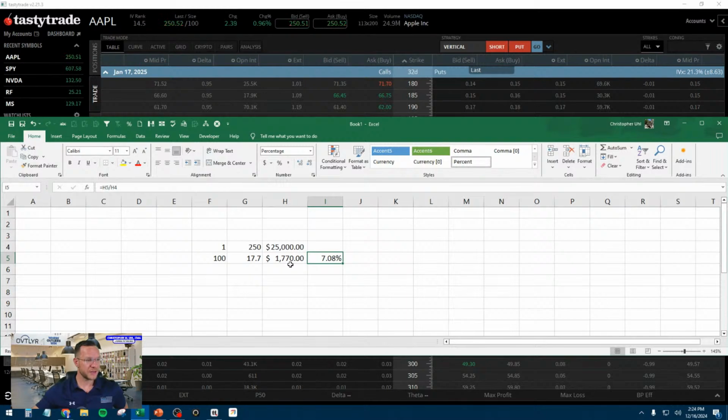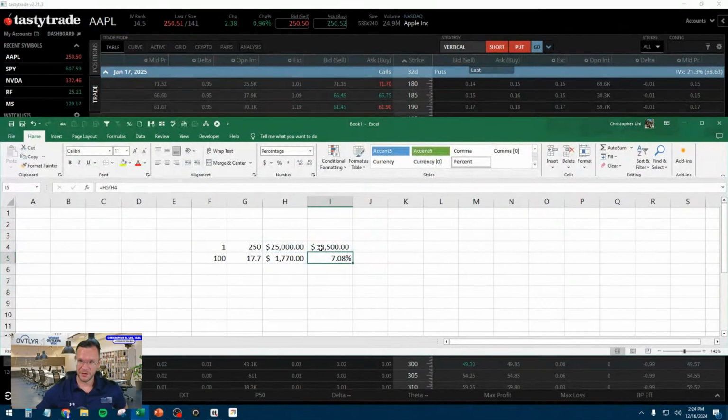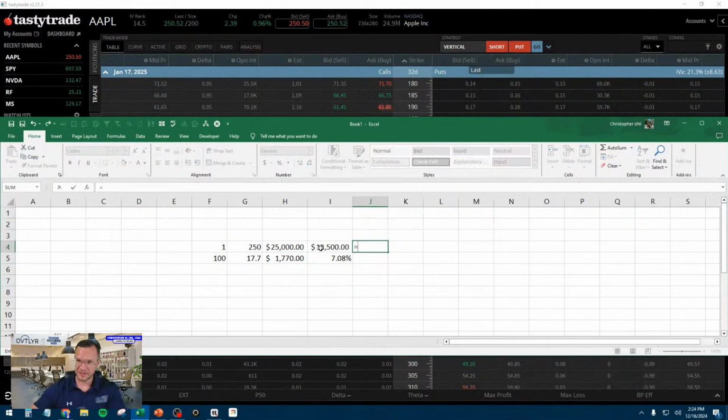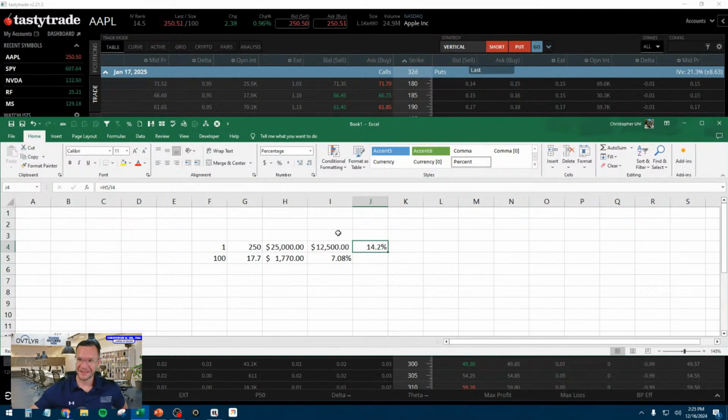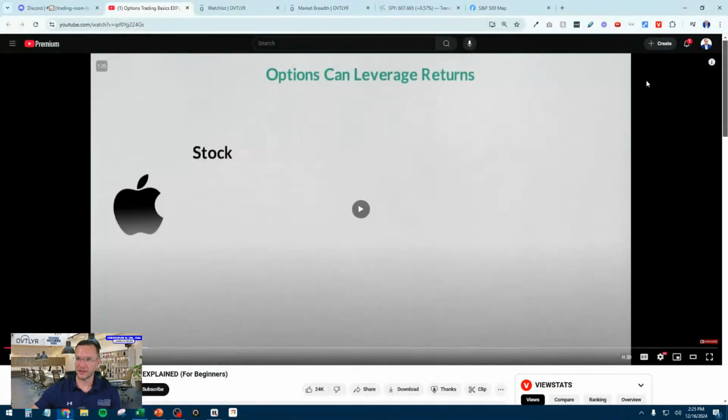You may be able to get it for half if you're using margin, but even that is still 85% or 86% less to go with the option versus buying the stock outright. So it's a pretty awesome thing to be able to have the leverage on options if you know how to use it correctly.